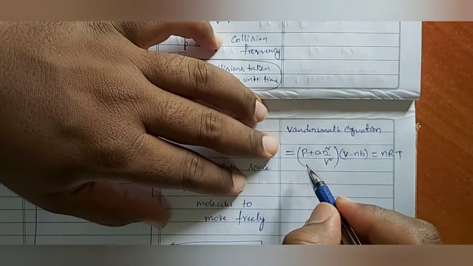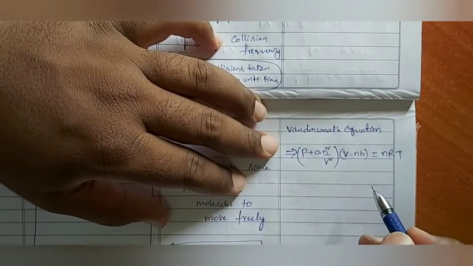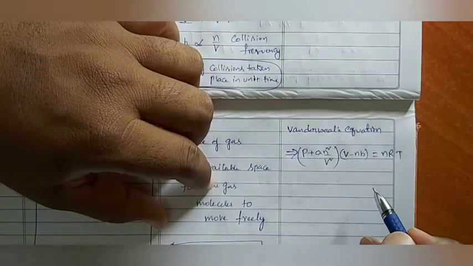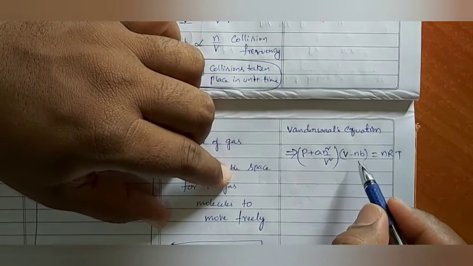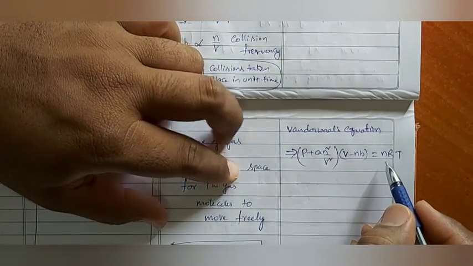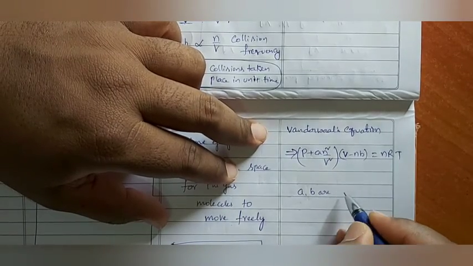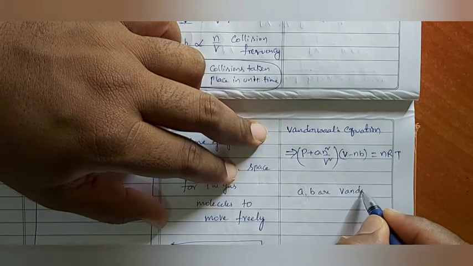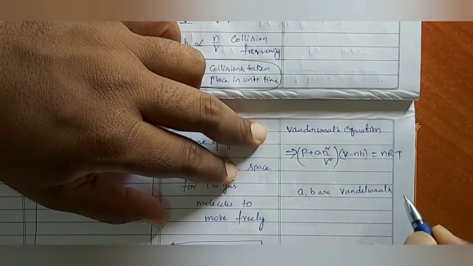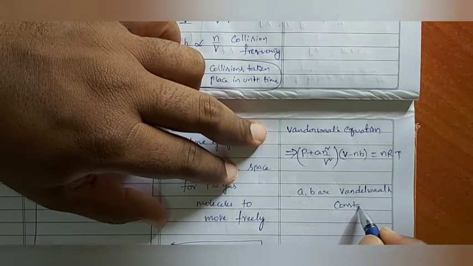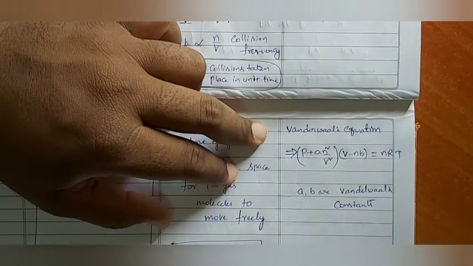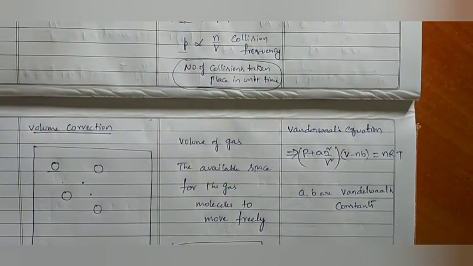This is called the Van der Waals equation. Here a and b are called Van der Waals constants.